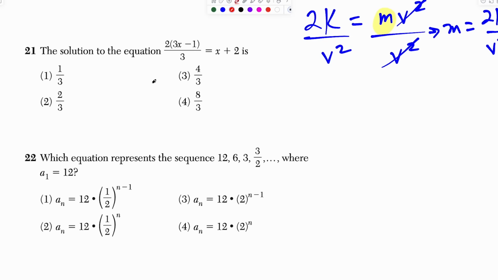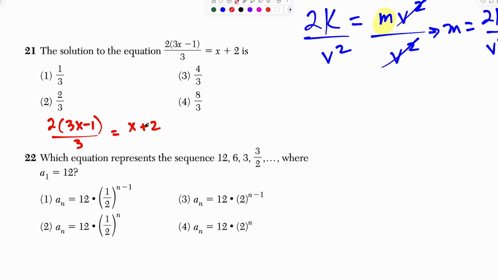Question 21, the solution to the equation 2 times parentheses 3x minus 1 over 3 equals x plus 2 is... and for this one, what I'm going to do is solve this algebraically first, and then I'll show how to use the calculator to get right to the answer. So we have 2 times (3x minus 1) over 3, and this is equal to x plus 2.